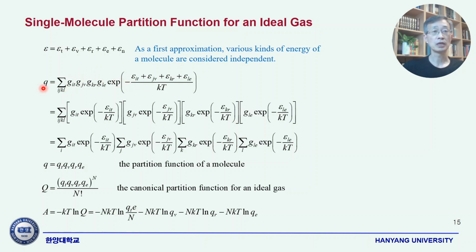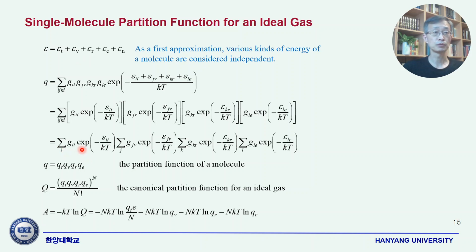Okay, so now the molecular partition function is decomposed into the translational partition function, vibrational partition function, rotational partition function, and electronic partition function. And then for the summation index, because the various kinds of energy of a molecule are considered to be independent, we can apply the summation separately for those degrees of freedom.